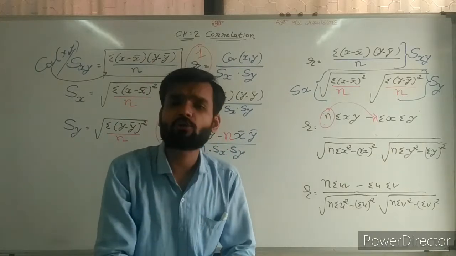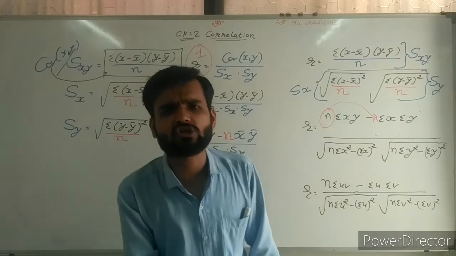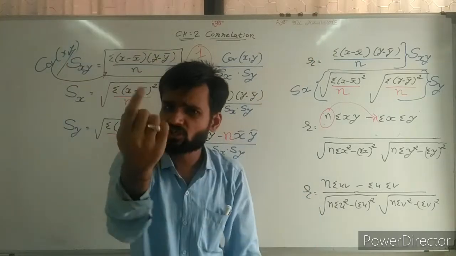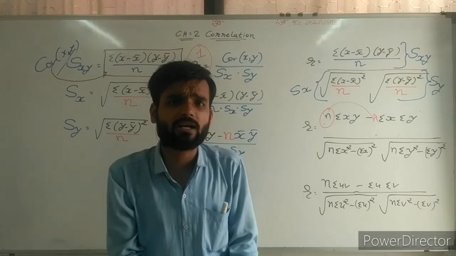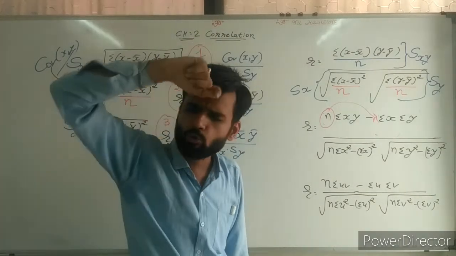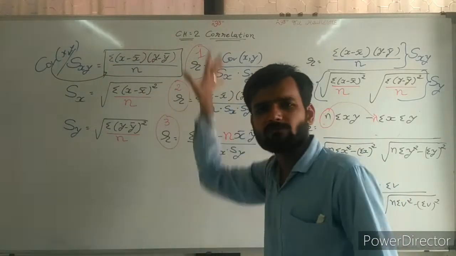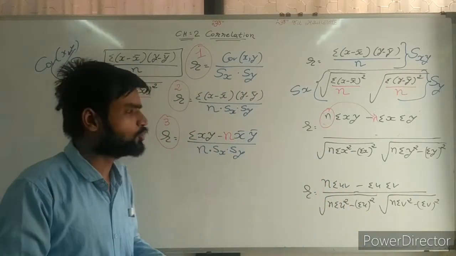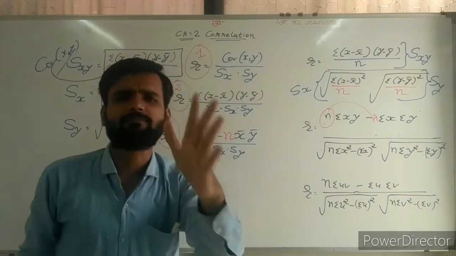Whenever information about standard deviation of x or standard deviation of y or both, variance of x, variance of y, any one piece of information is given, then you have to use these 6 formulas only. This formula is not applicable at that time.